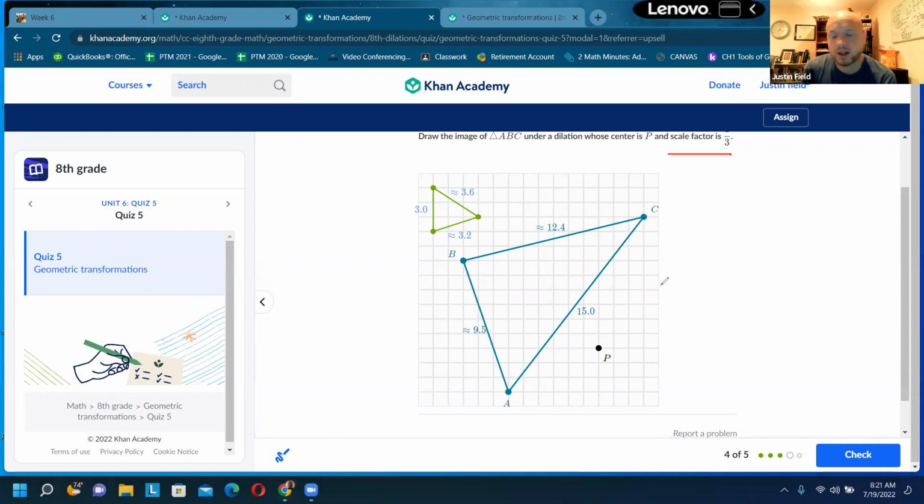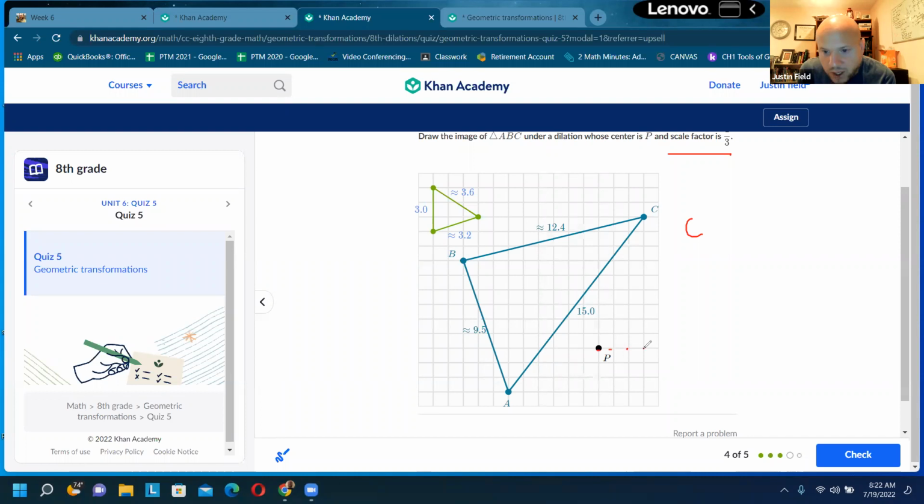So we're going to find the distance from the pre-image to the center. We always start at the center, and then move to the point.